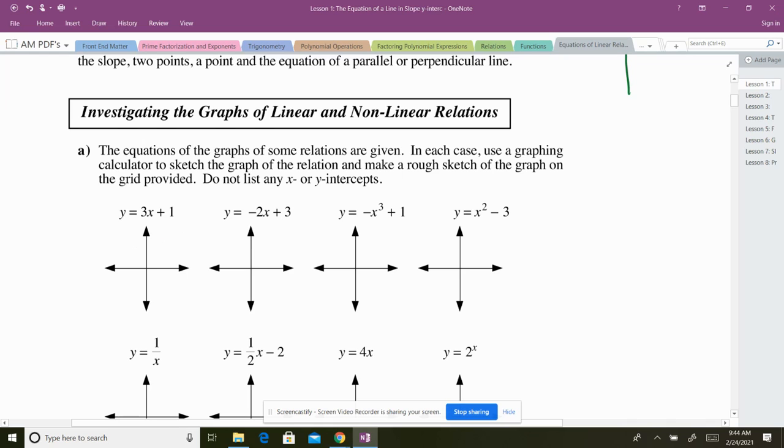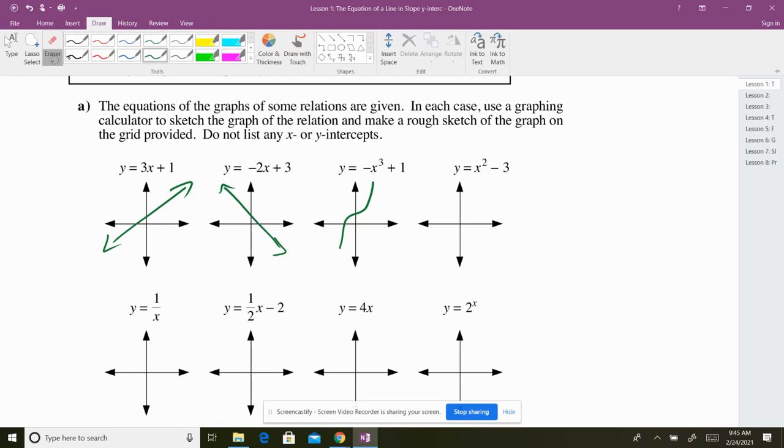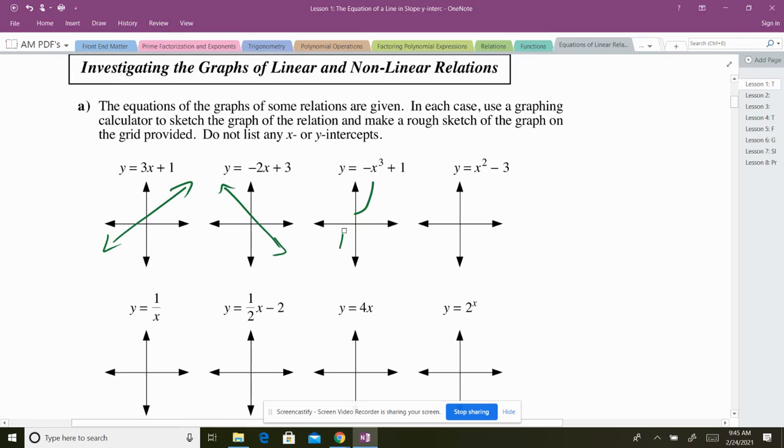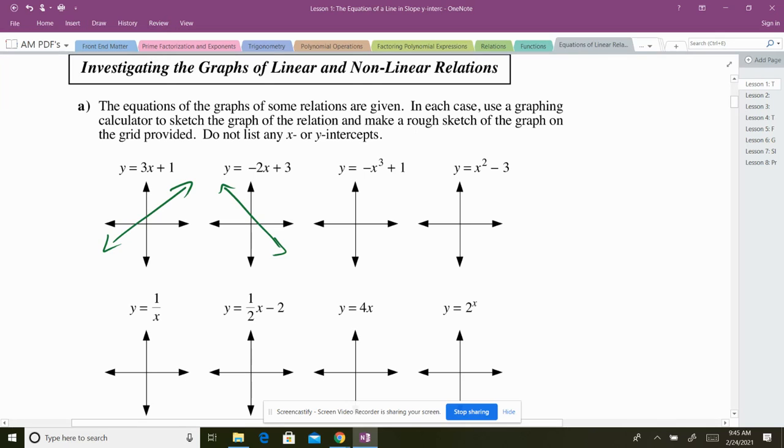But if we have these 8 equations, I know 3x plus 1 is going to look like that. Negative 2x is going to look like that. You don't have to know why I know this. We're going to learn why for the linear stuff, but the non-linear is grade 11 and grade 12 math.